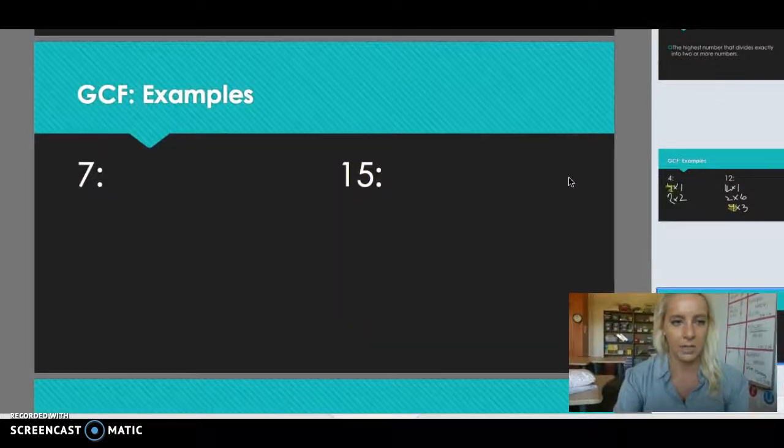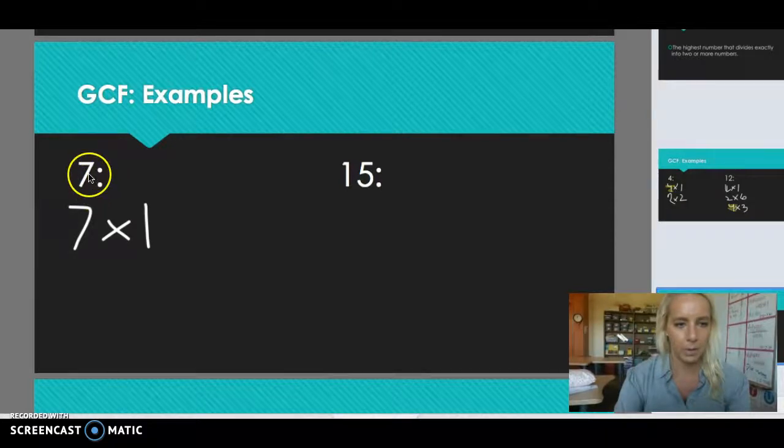Let's look at another example of 7 and 15. The factors of 7 would be 7 times 1. And 7 is what we call a prime number, meaning there are no other factors other than 7 and itself. The factors of 15 would be 15 times 1.